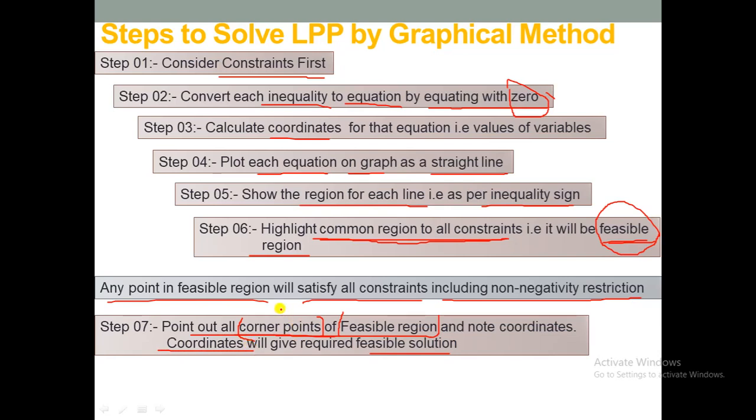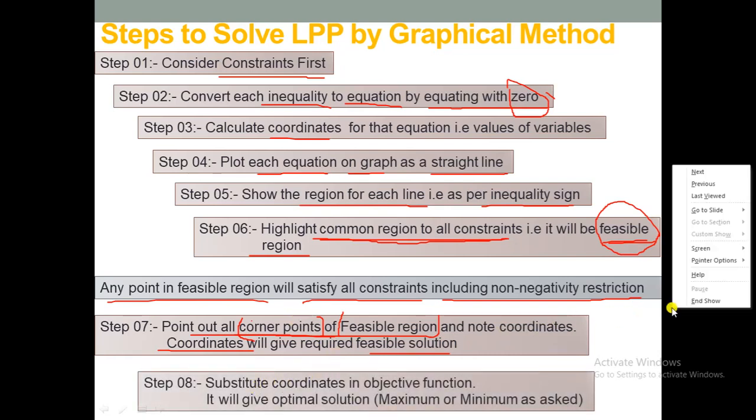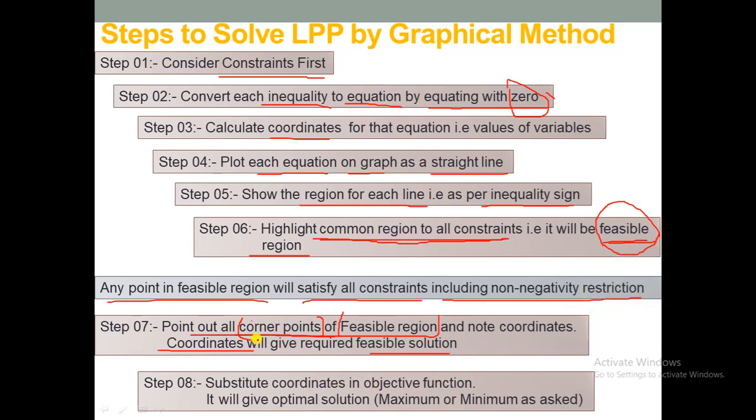So we will note down coordinates for each corner point separately from that particular feasible region, and whatever coordinates we get from those corner points, those coordinates individually we are going to put in the objective function. So for each corner point we are going to get two coordinates, and obviously in our objective function also there are going to be two variables.